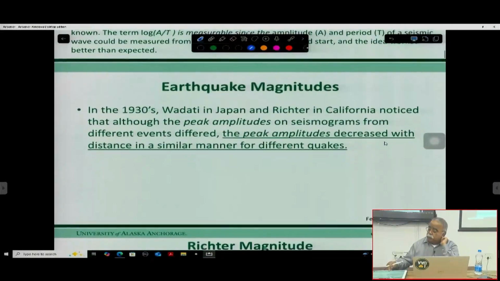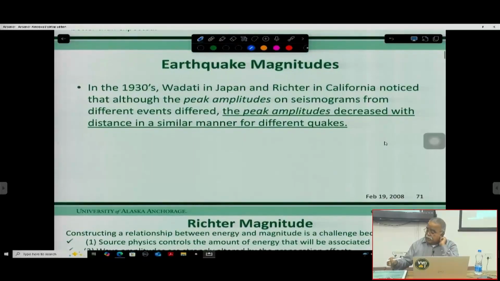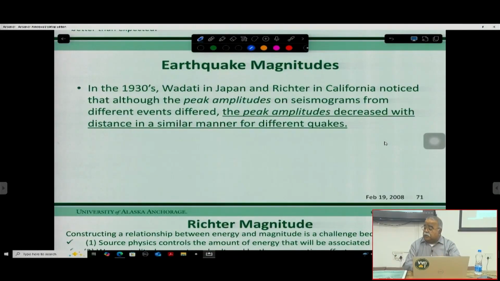So in 1930, there were two scientists: one was Wadati from Japan and the other Richter from California. They both tried to formulate a scale by which we can calculate the magnitude of an earthquake, or the size of an earthquake, right?